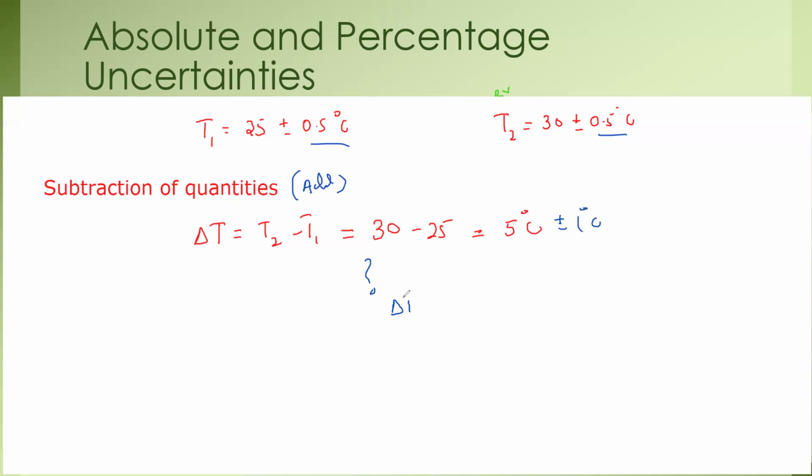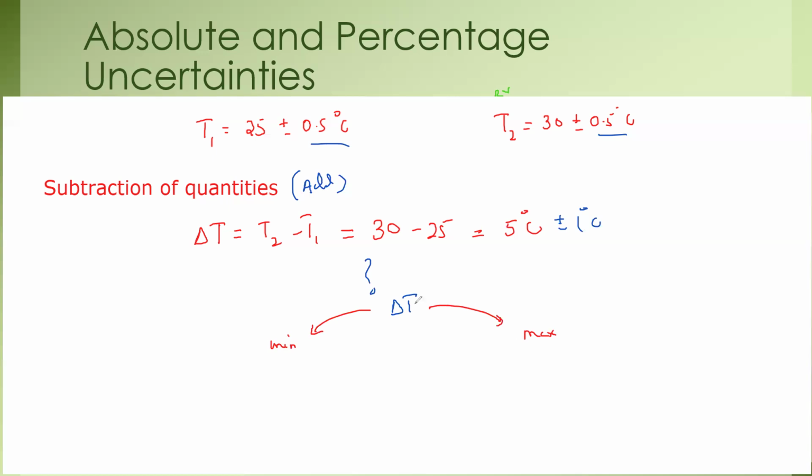So we are finding the uncertainty in temperature change. There will be a minimum value of the temperature change and there will be a maximum value. Uncertainty shows a variation from the mean, like how much the mean value differs from the extremes. That is what represents the uncertainty.